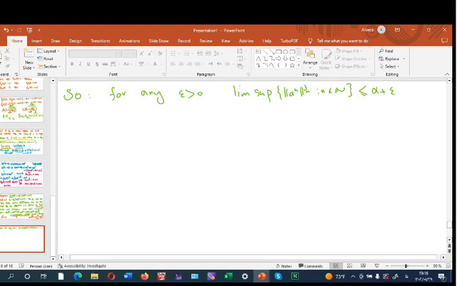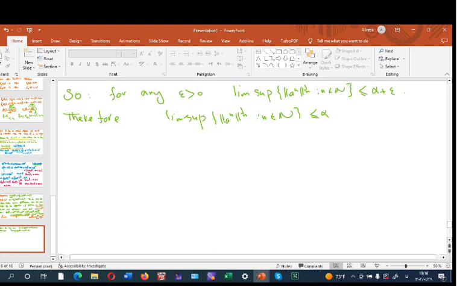Therefore, we have this inequality. Since this holds for any epsilon, this must be less than or equal to alpha.